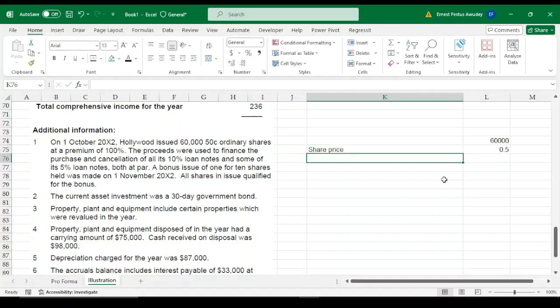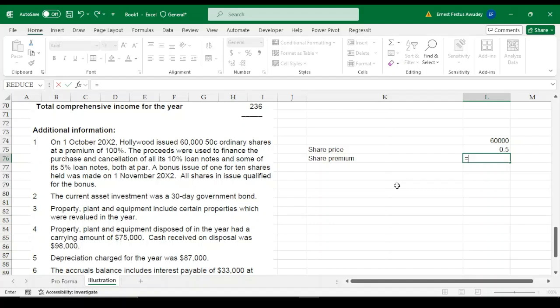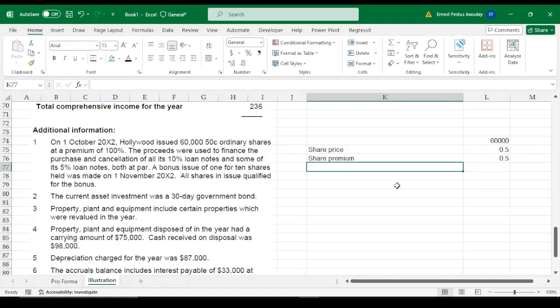This is a share price, but there is also a share premium, and the share premium is equal to 100% of this amount, which means the same amount. So this is 0.5 times 100%, and that gives me the same amount.